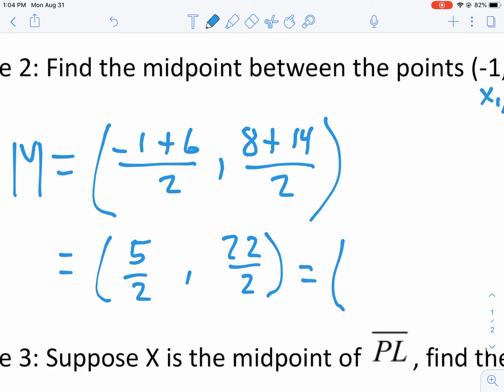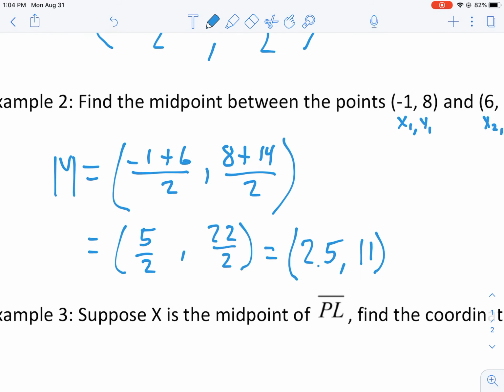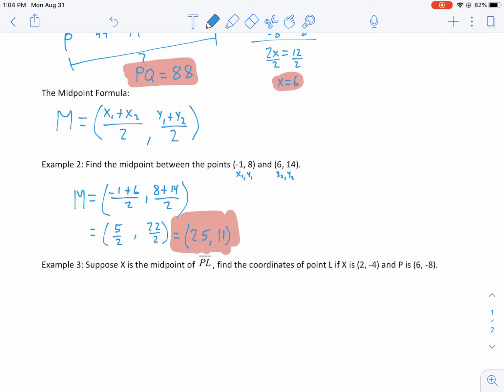If it's odd, when you divide by 2, that's going to give you a decimal, but if it's even, you can just divide it. So 22 divided by 2 is 11. All right, so our final answer, our midpoint, is at 2.5, 11. And that's really all there is to this, okay? It's nothing too complicated, so it's definitely not as hard as distance.